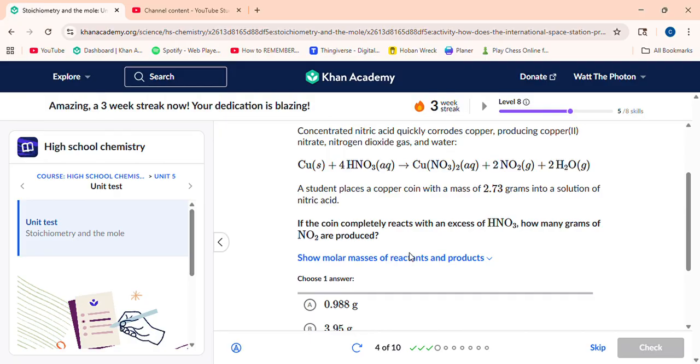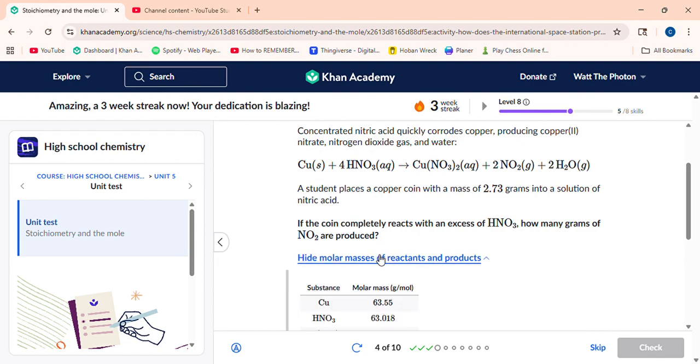How many grams of nitric oxide are produced? First, let's figure out how much copper we have. Was it copper or sulfur? Not sulfur, copper nitrate. Yeah, copper nitrate is produced. Well, if we have 2.73 grams, then how many moles of that do we have?